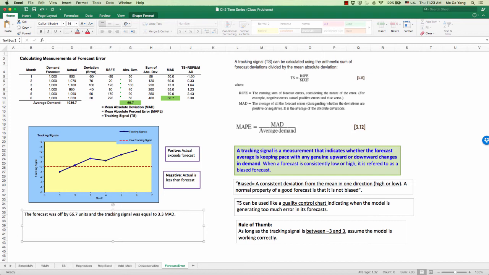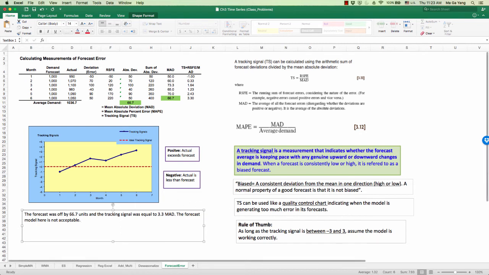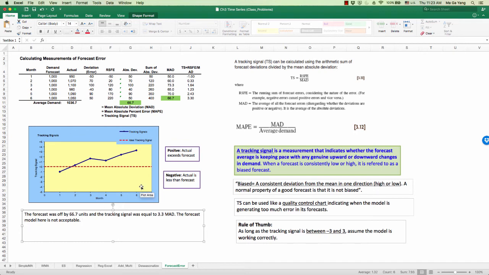So according to our rule of thumb, yes, it was not acceptable. The forecasting model is not acceptable because it's beyond positive 3, right? And it drifted from negative 1 MAD to positive 3.3 MAD.